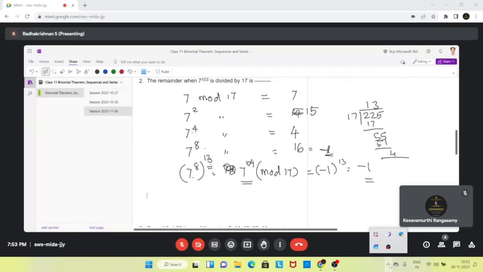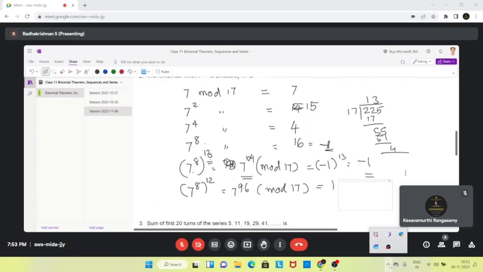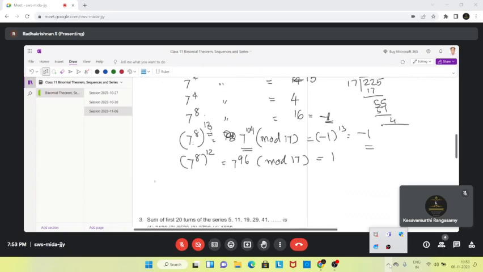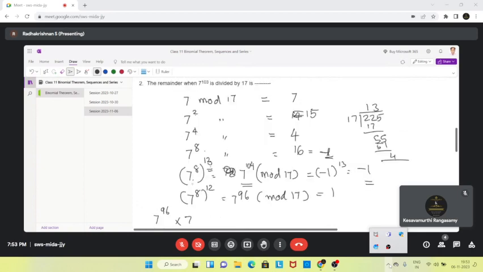Another thing that we can do is, so let us say 7 power 8 whole to the power of 12 is equal to 1, right? -1 to the power of 12. So now we need 7 to the power of 103, right? 103 can be written as 7 power 96 into 7 power 4 into 7 power 2 into 7 power 1, right?